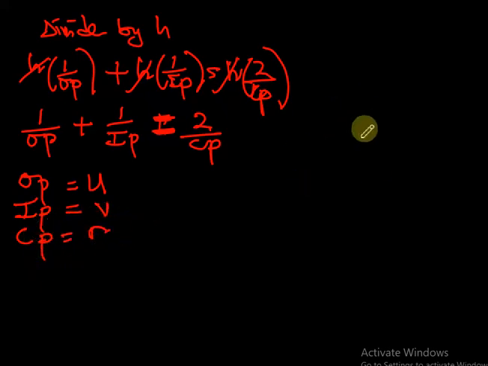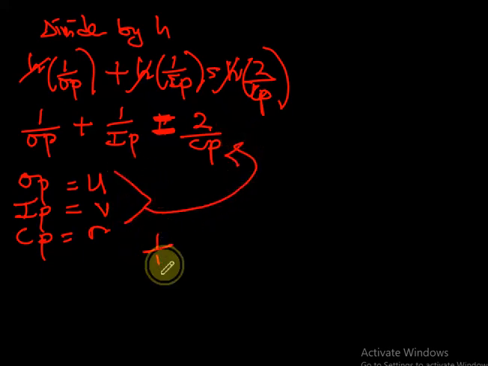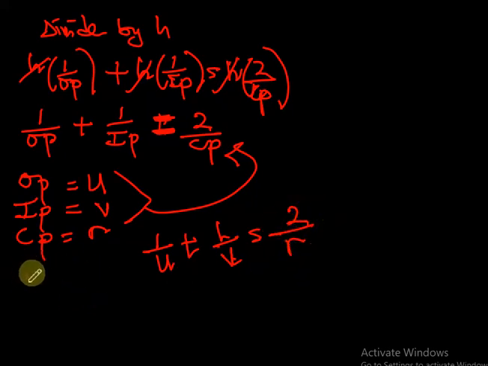So if we fix all this into this, you are going to have 1 over U plus 1 over V equals 2 over R. But what do I need to recall here? R is your radius of curvature. Remember, focal length F is R over 2.